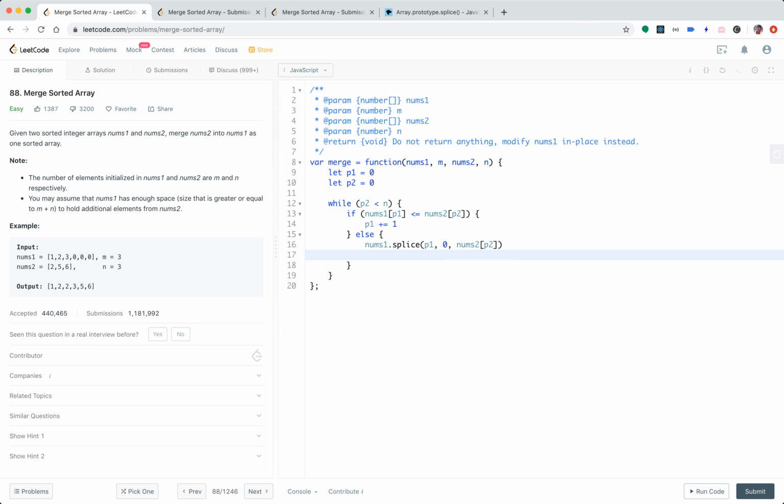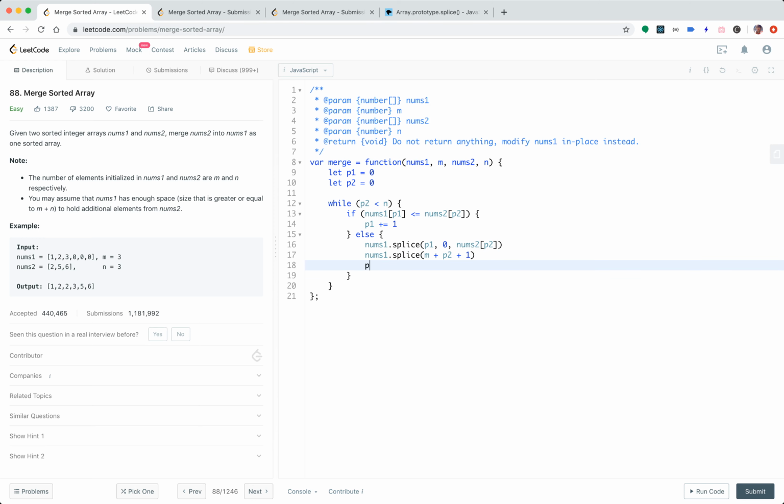But after insertion, there will be an extra zero in the array, so we have to splice again. Attention that splice cannot be chained. Splice nums1, splice m plus P2. If P2 equals 0, we have splice, yeah, plus 1.